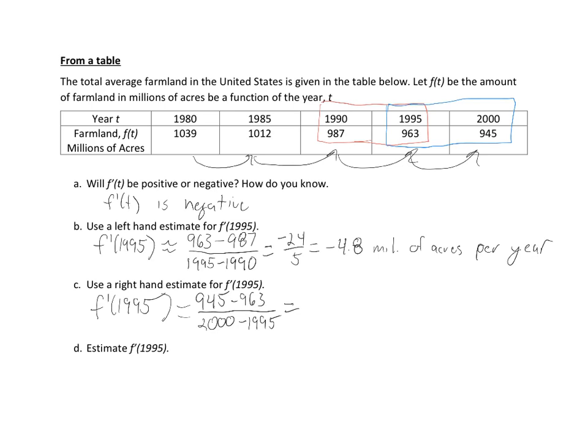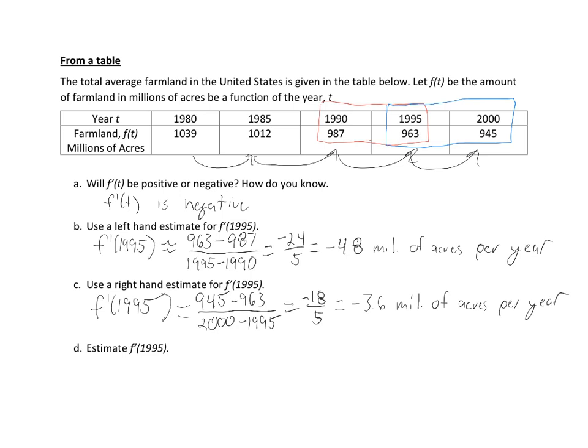And so that gives us negative 18 over 5, which is negative 3.6 millions of acres per year.